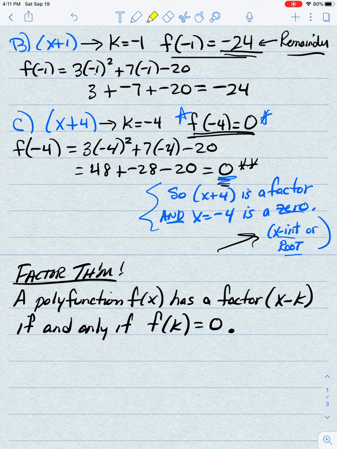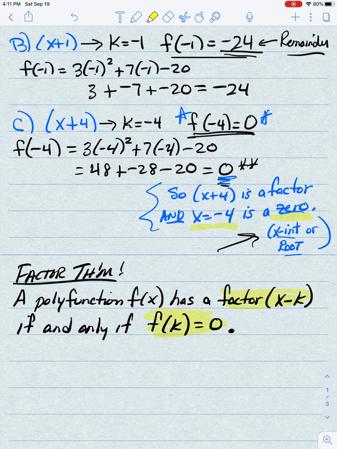Okay, so exactly what happened. We have a factor x minus k if and only if f of k equals 0. And that is exactly what happened above.